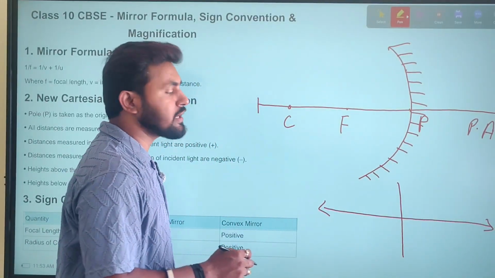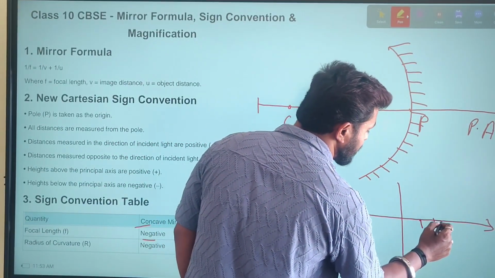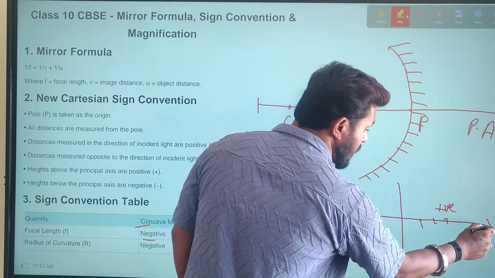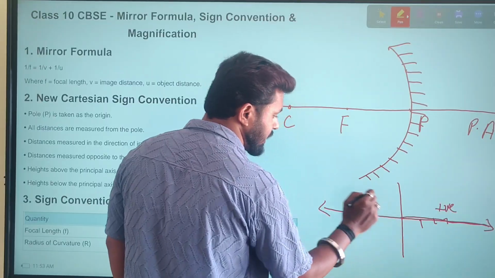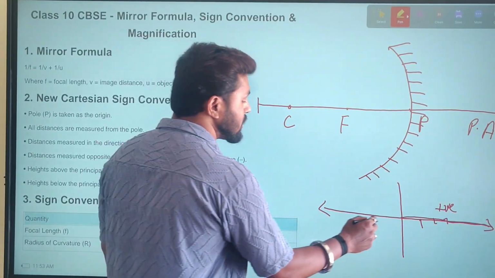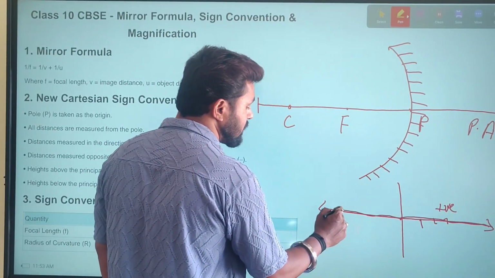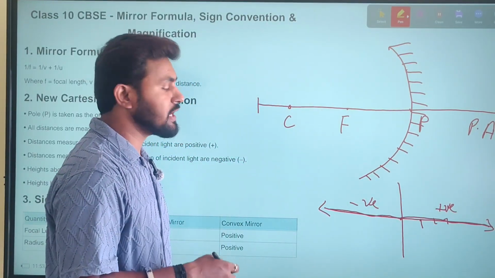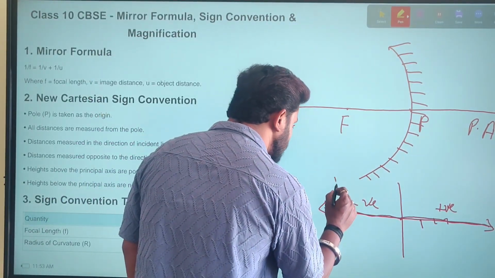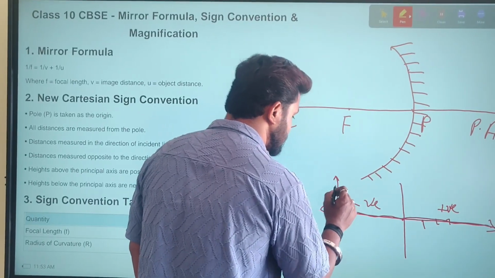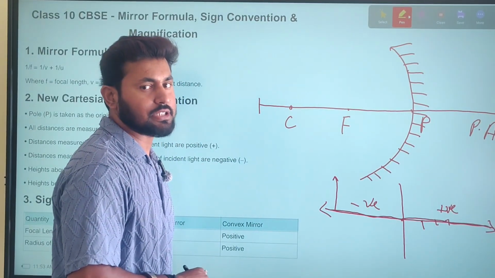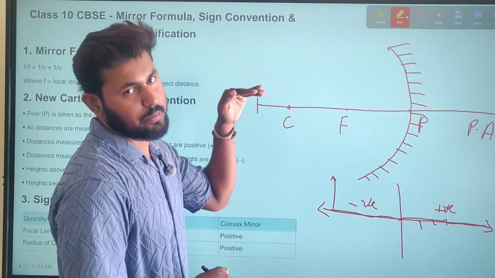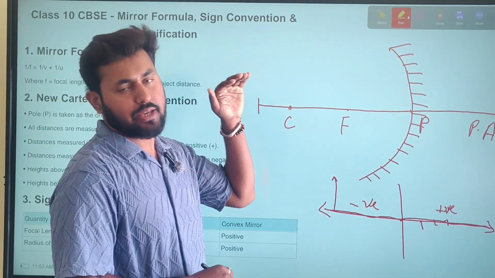In integers, you know that whatever is on this side of the number line is positive, and whatever is on this side of the number line is negative. Now anything which is coming like this is positive, because it is going above the x-axis.